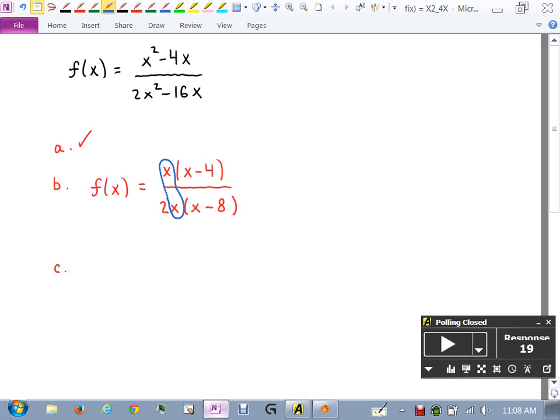If x is 0, you get 0 over 0, which is a problem, which is why we have a hole there. So on part C, I'm going to notice that x was a common factor. What that means is that if I take that common factor and set it to 0, which in this case turns out to just mean x is 0, that means that x equals 0, right here we're going to have a hole. We will have a hole in the graph at x equals 0.